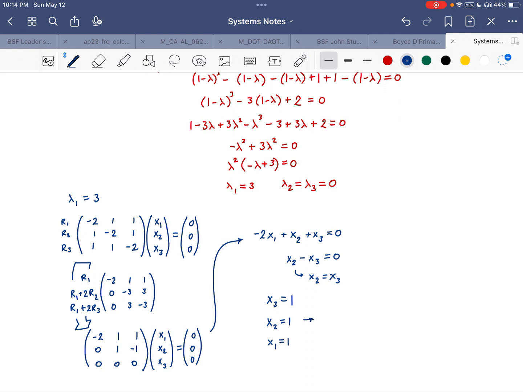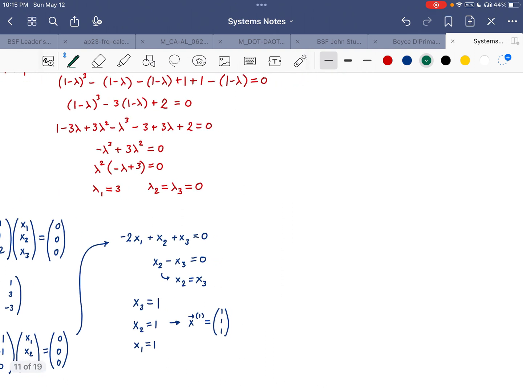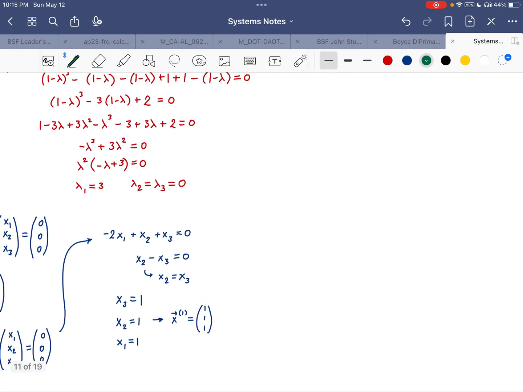All right, so what does that mean? It means that our eigenvector that goes along with the eigenvalue is 1, 1, 1. All right, good. So we found an eigenvalue-eigenvector pair.